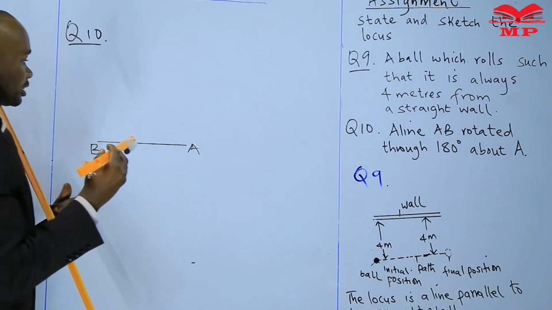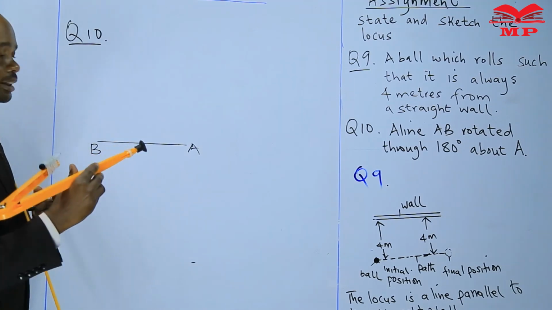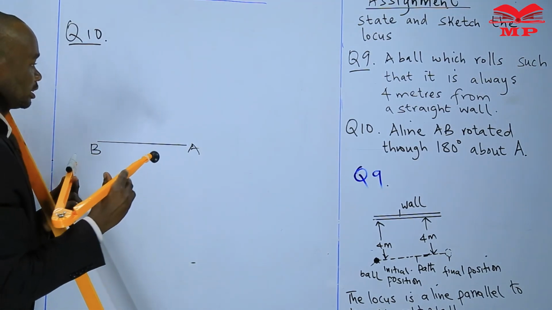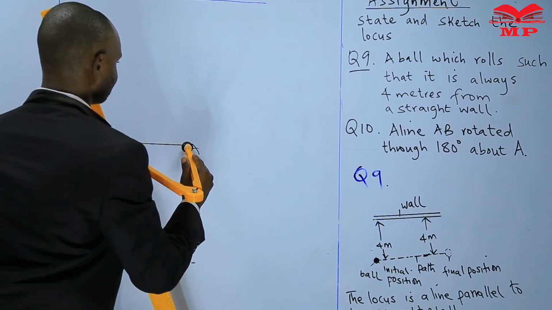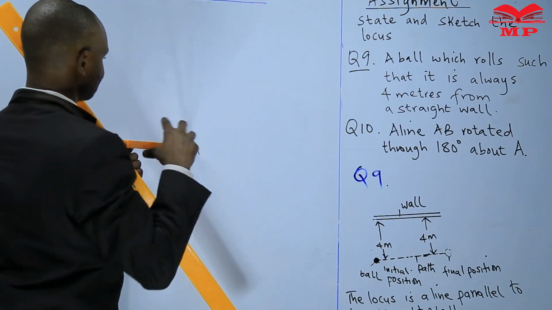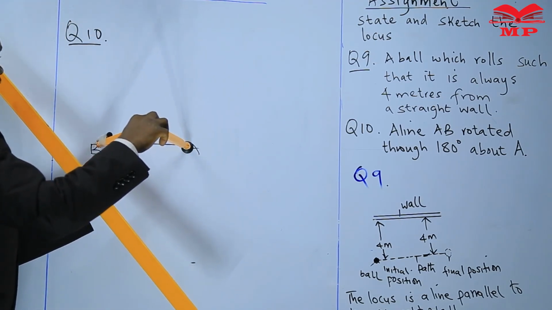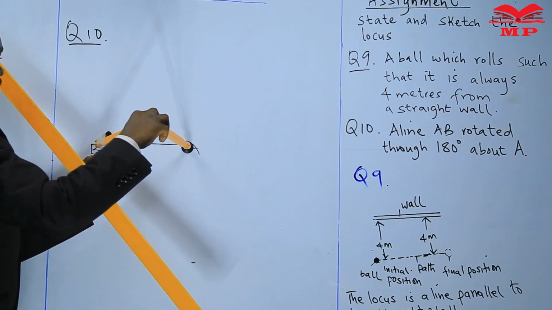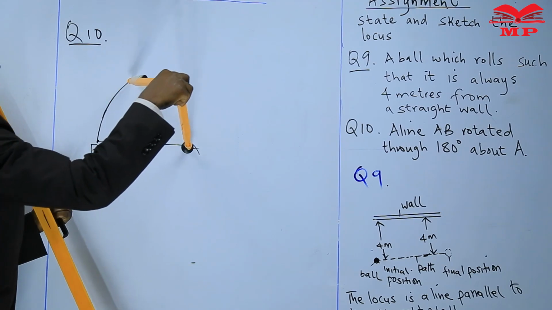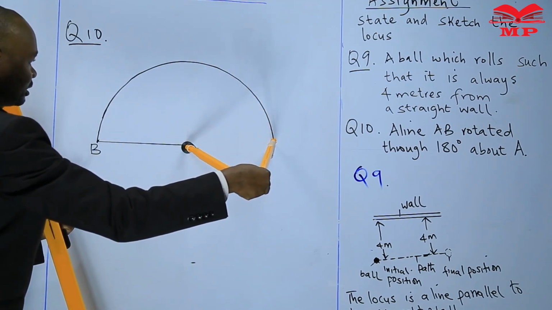In that case, AB will be like the radius of the trajectory. Every point on the line is moving. Look very well. I'll just draw the outline. Be careful there.